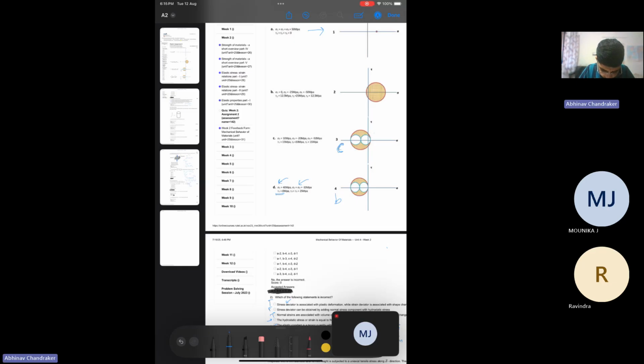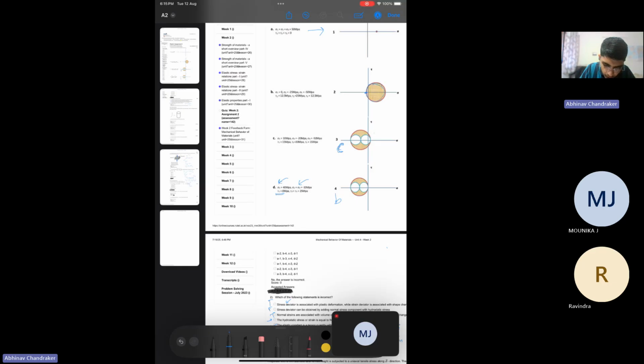In D you have sigma 2 and sigma 3 equal to minus 10 and sigma 1 equal to 40. What this means is that the two circles inside are overlapping with the first one, and that can also be understood as tau 1 equal to 0. So one of the circles is just a single point, and the other two have tau equal to 25.